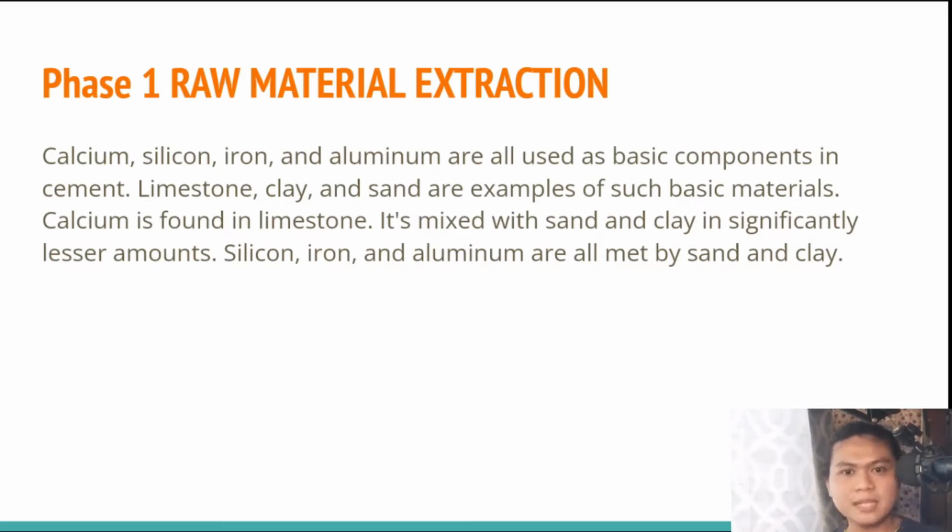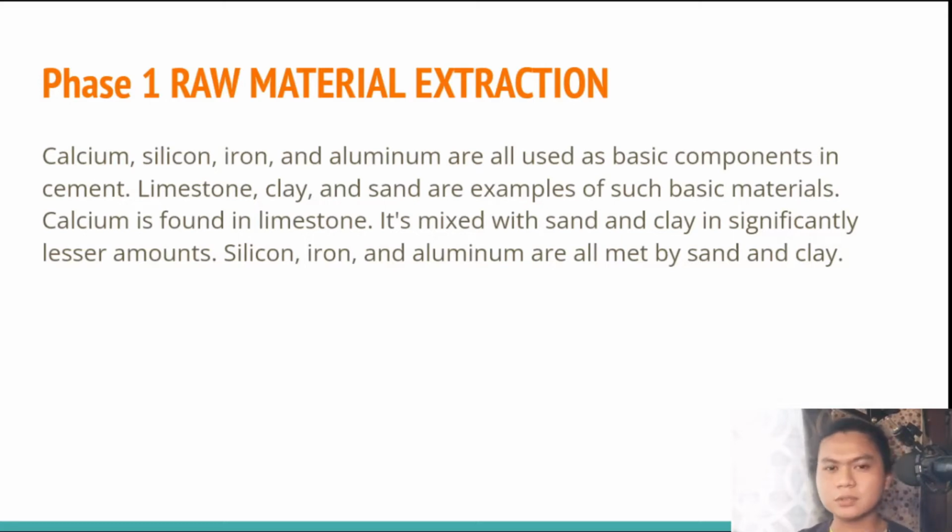So this calcium that is required to be integrated in the cement's manufacturing can be found in calcium carbonate. So calcium carbonates or limestones contain the calcium needed. And then other elements such as silicon and iron can be found in your sand and clay.